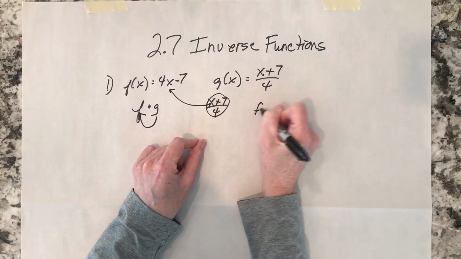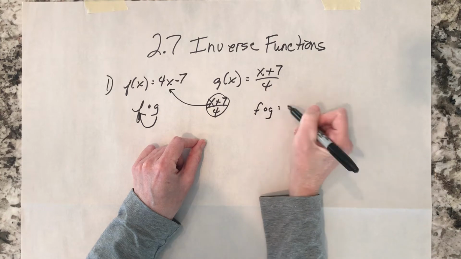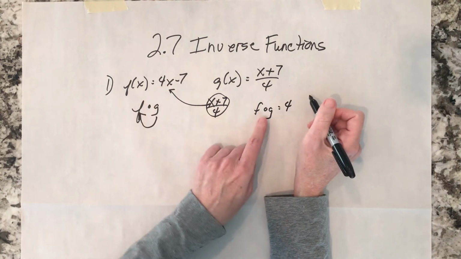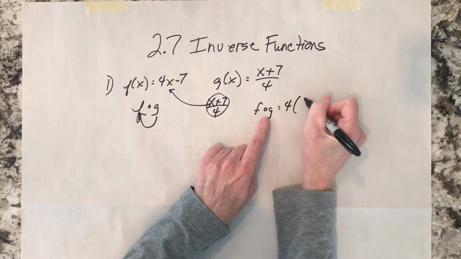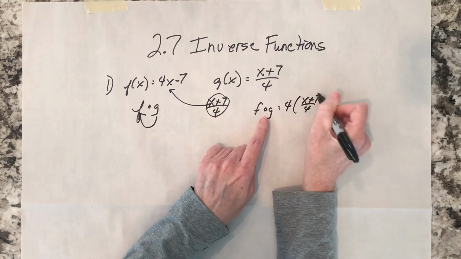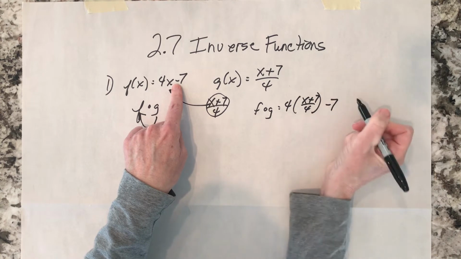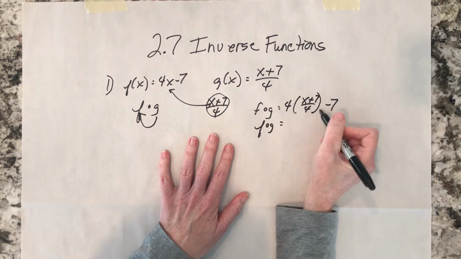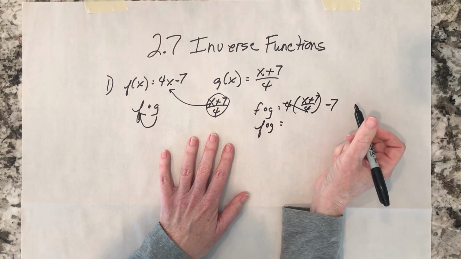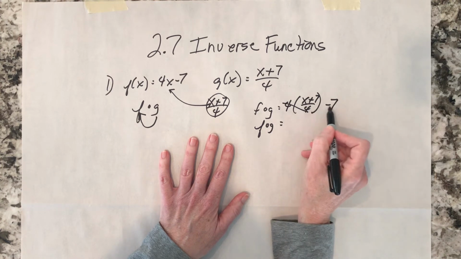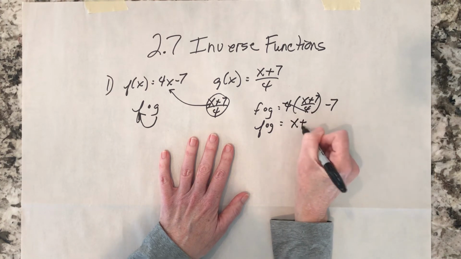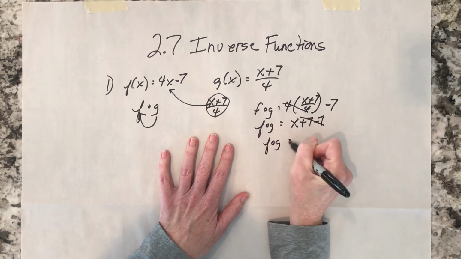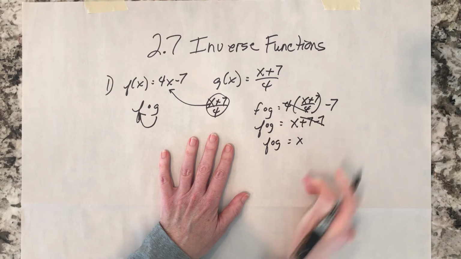So f composed of g is going to look like 4 times x, which is the g function, so (x plus 7) over 4, continuing on, minus 7. F composed of g, the 4's will cancel. We have x plus 7 minus 7. Those cancel. So we get f composed of g equals x.